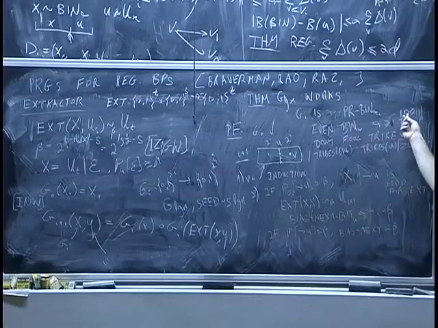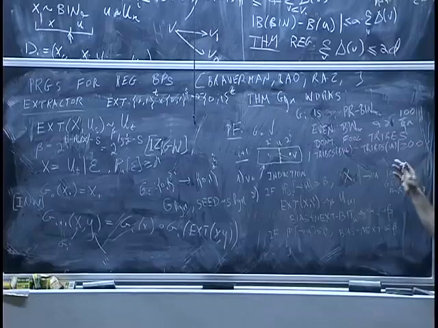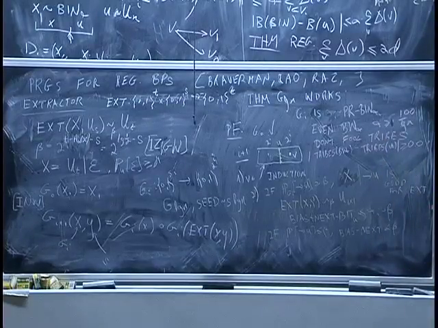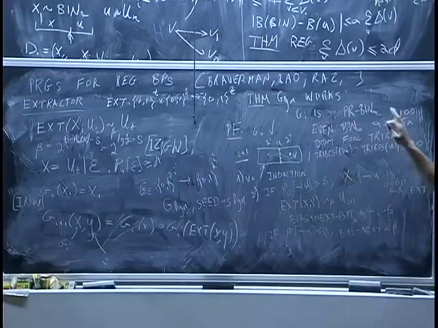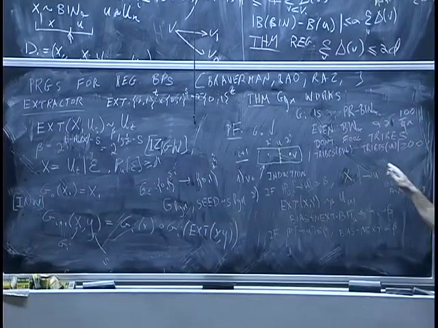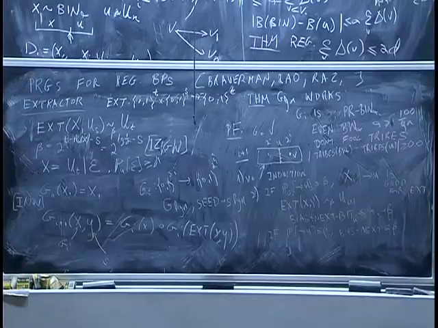The point is that as long as alpha is not 1 over log n, it must be sub-constant as a function of n, where before it was a constant, then it doesn't work. It cannot work. This is the point.